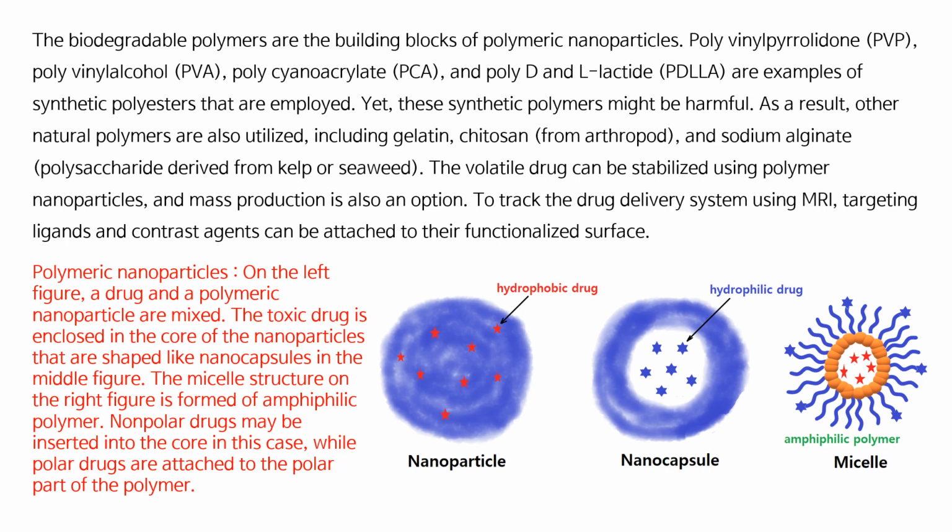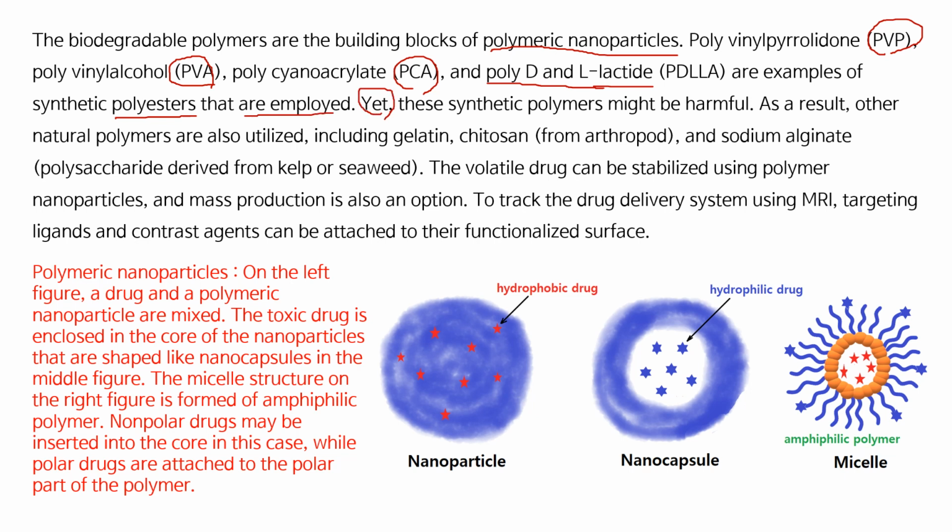The biodegradable polymers are the building blocks of polymeric nanoparticles. PVP, PVA, and PCA, and poly-D and L lactide are examples of synthetic polyesters that are employed.